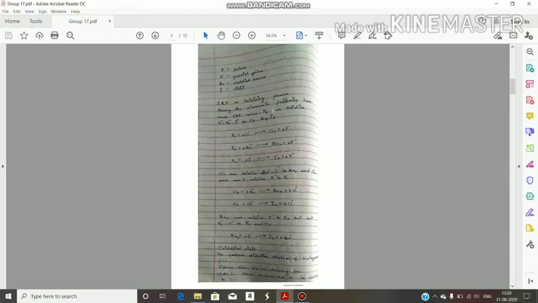Because fluorine has more oxidizing power, it can oxidize Cl minus to Cl2, Br minus to Br2, and I minus to I2. These are the respective equations.